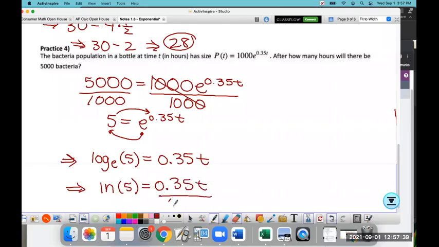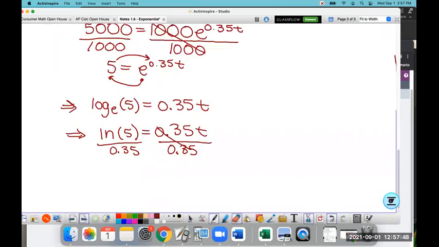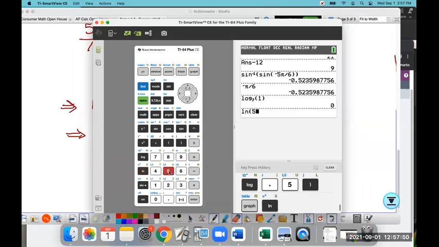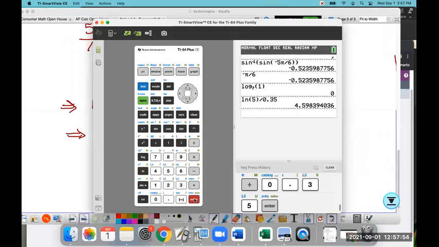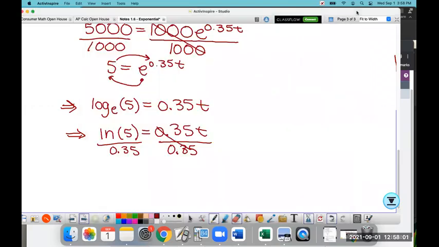I'm going to go ahead and divide by 0.35 and put that in my calculator. All right, so 4.59. Let's go for 4.6. Let's just do 4.6.